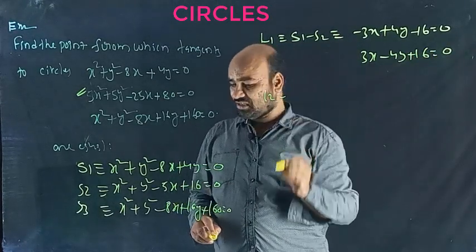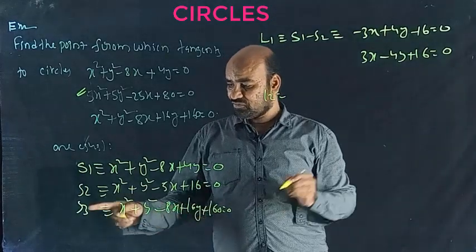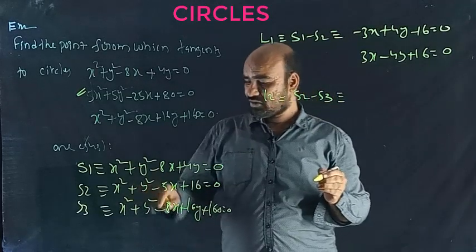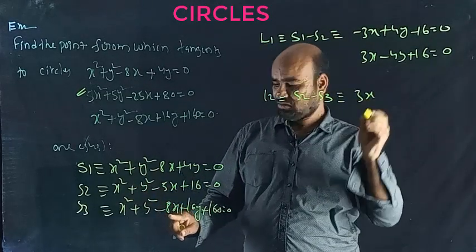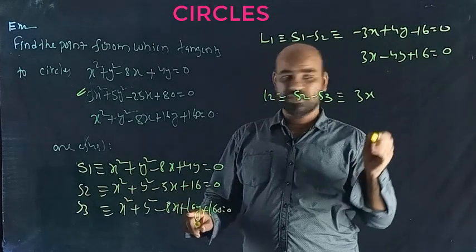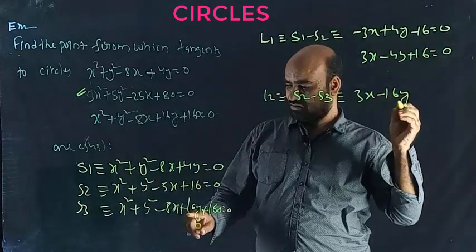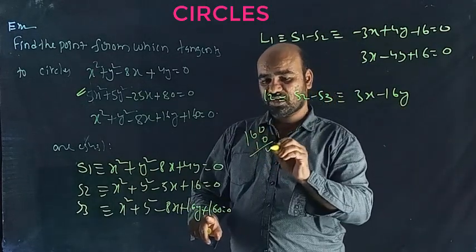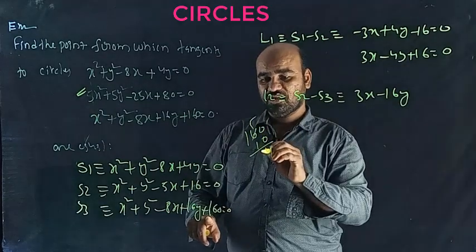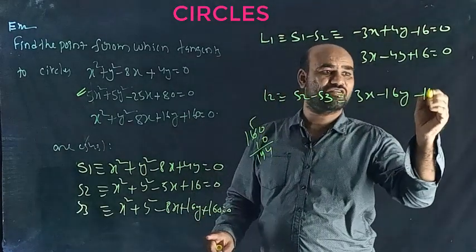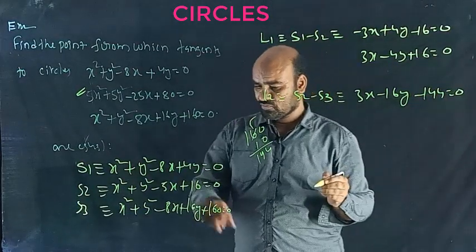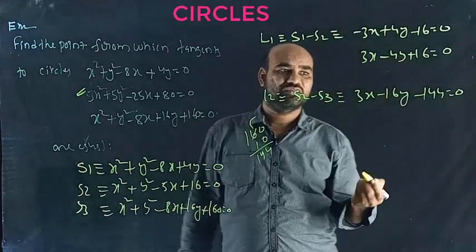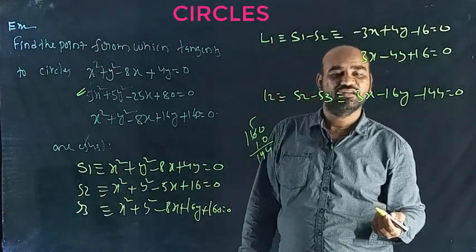Another radical axis can be obtained from S2 minus S3, which gives 3x minus 16y minus 144 equal to 0. Now this is another radical axis. Solve these two, and the point of intersection of these two is the radical center.